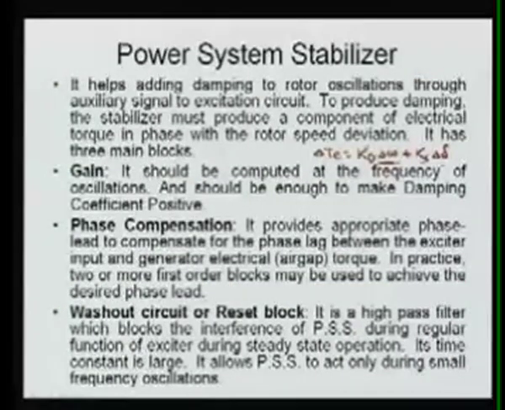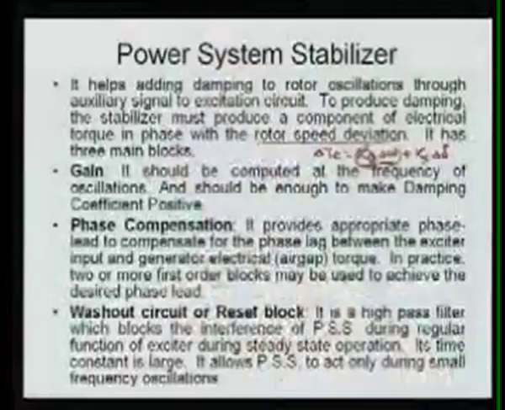So to produce the damping, the stabilizer must produce a component of electrical torque in phase with the rotor speed deviation. It means we have to add to this Kd. We want to give damping, so we have to add some signal that is in phase with this component, so that if Kd is more, damping will be better and the system stability will be enhanced.